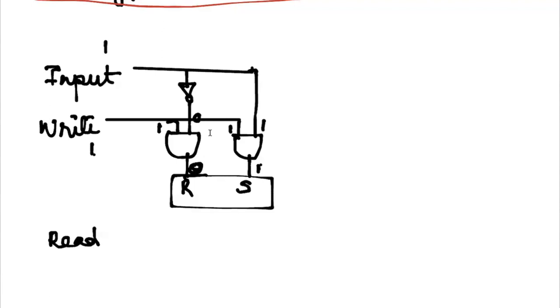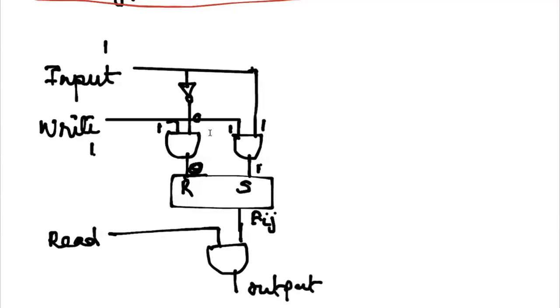Now, what about the read? In case of read, this is the output, which is nothing but your Fij. This is basically the content. Here, this is the read signal, and from the read signal, this is going to be the output. Why have we used an AND gate here?